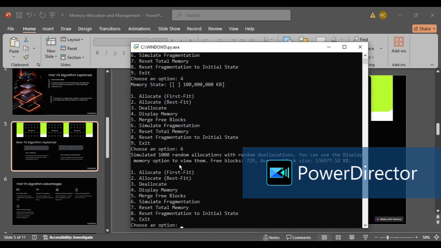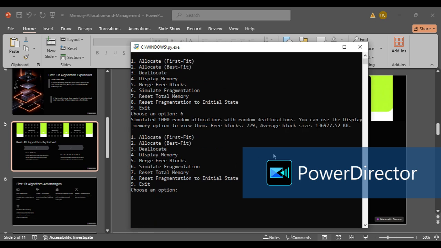So option 6, enter. It says simulated 1000 random allocations with random deallocations. You can use the memory option to view them. So free blocks.